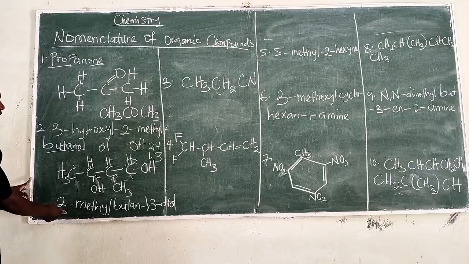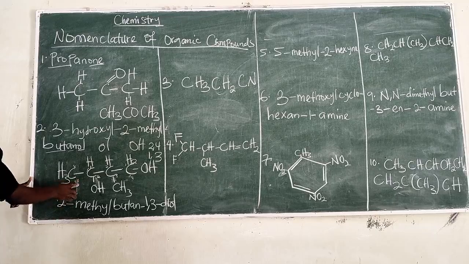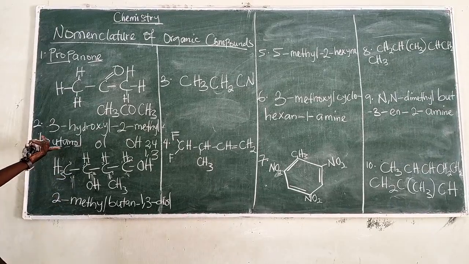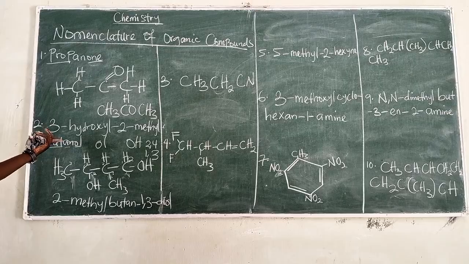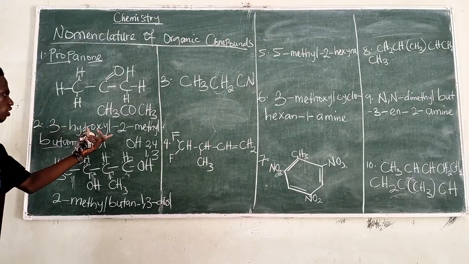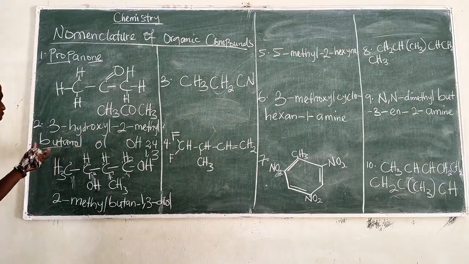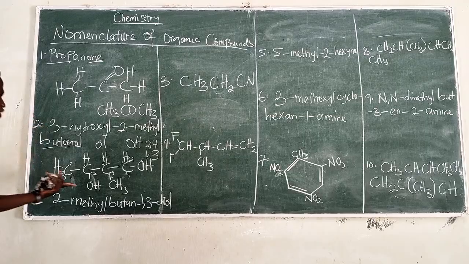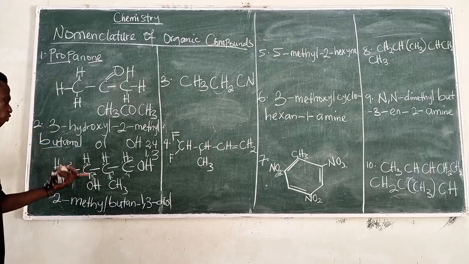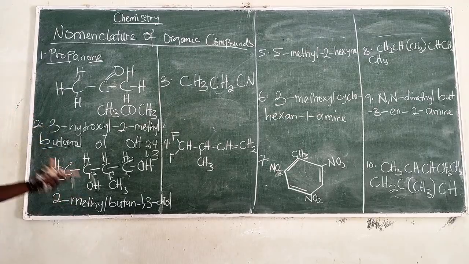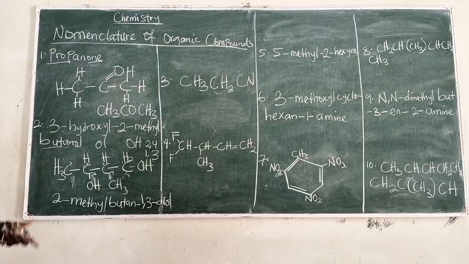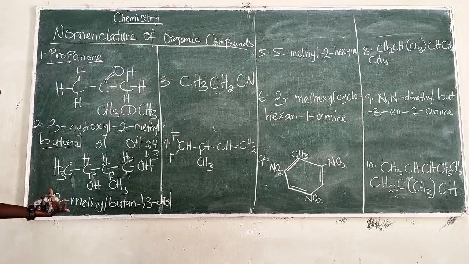This is the IUPAC name of this particular structure, but instead it was given in the question as 3-hydroxy-2-methyl-butanol. So if you follow this pattern, this is the structure, but the IUPAC name of this structure is 2-methylbutane-1,3-diol. So that is all for the second example.